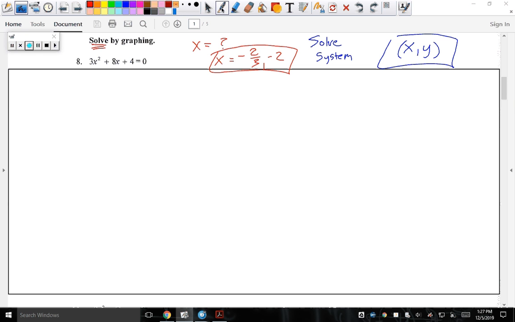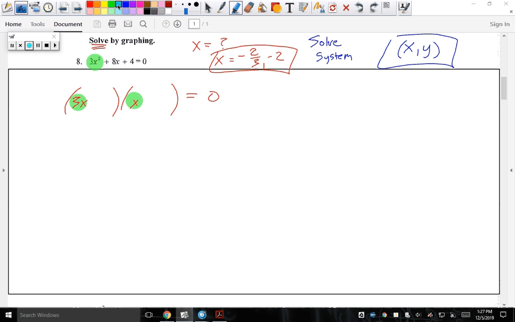So, if I did this by hand, just for the sake of practice, these first two will multiply to get 3x squared. What could they be? What two terms could multiply to give me 3x squared? 3x and x. Okay?